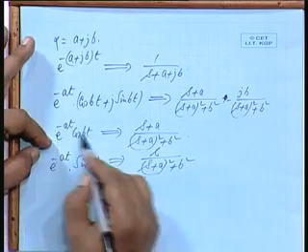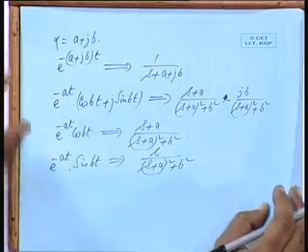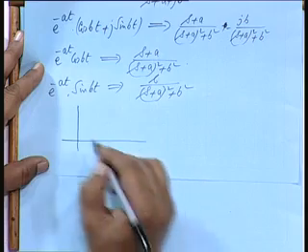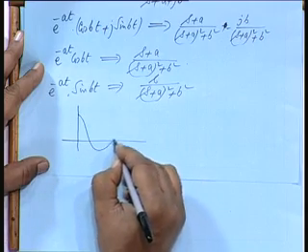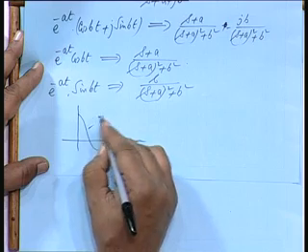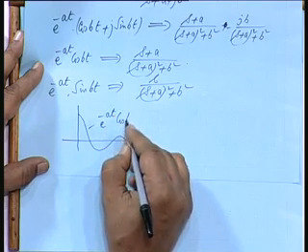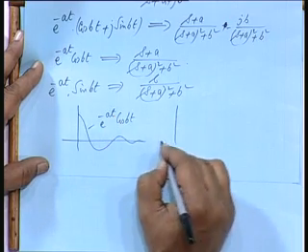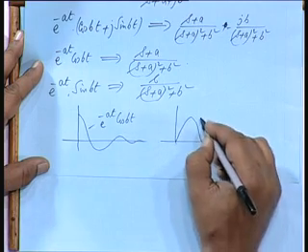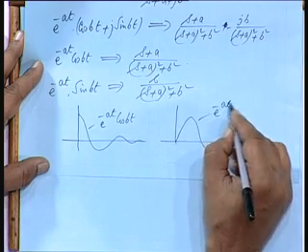So, e to the power minus at into cosine bt is a damped sinusoid starting with a maximum value. This is e to the power minus at cosine bt. Similarly, e to the power minus at sine bt.